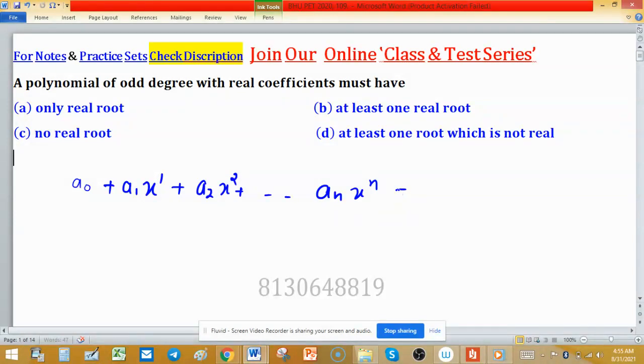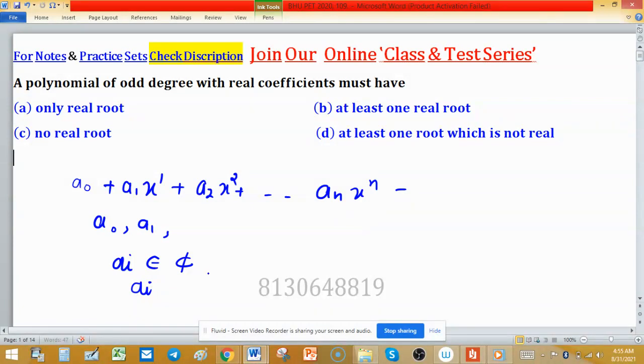So using the fundamental theorem of algebra, the coefficients a naught, a1, and so on, or you can write simply ai's, belong to the set of complex numbers. If they belong to the set of complex numbers, then you can say ai may belong to the set of real numbers.